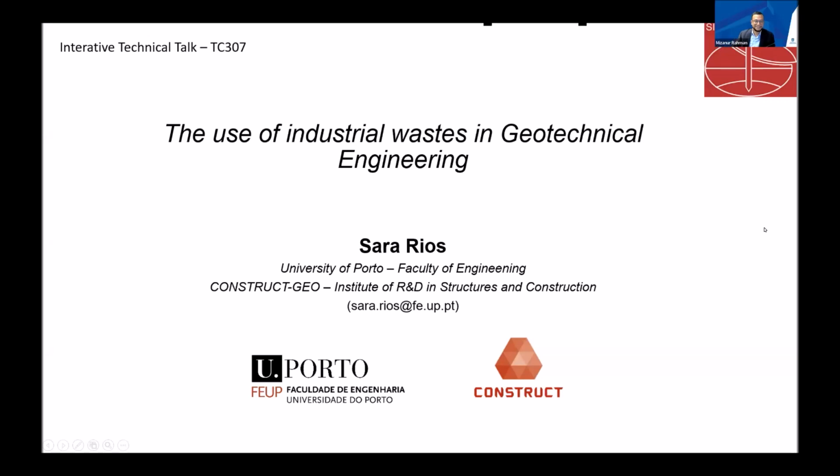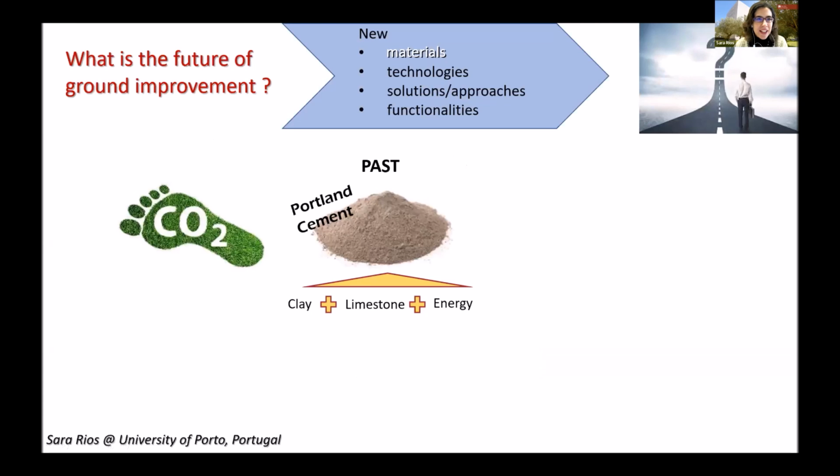Yes. So thank you very much for the opportunity to show what we are doing at the University of Porto on the use of industrial waste in geotechnical engineering. Most of our ground improvement solutions rely on Portland cement, and as Mizanur has just said, it has a high carbon footprint. So we need to develop more sustainable binders.